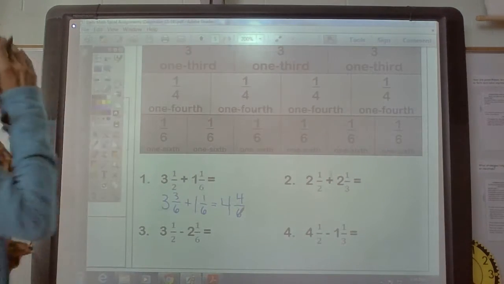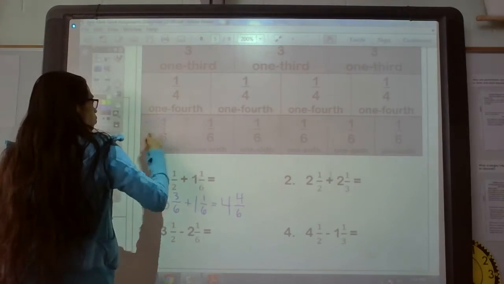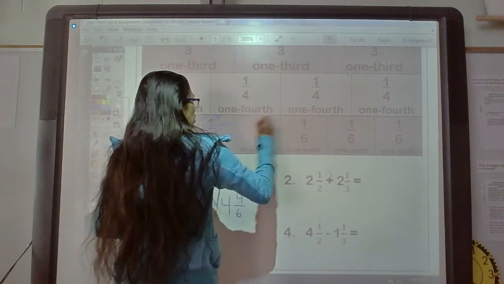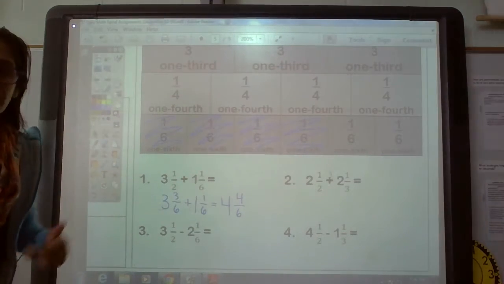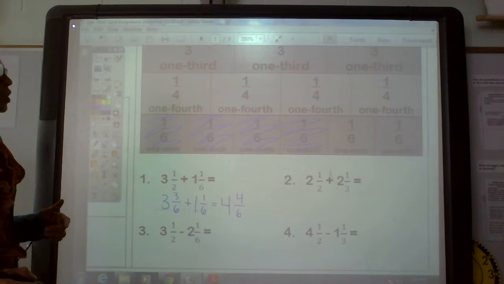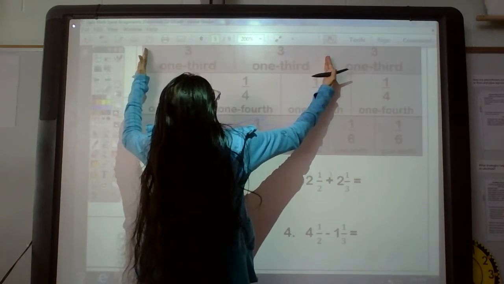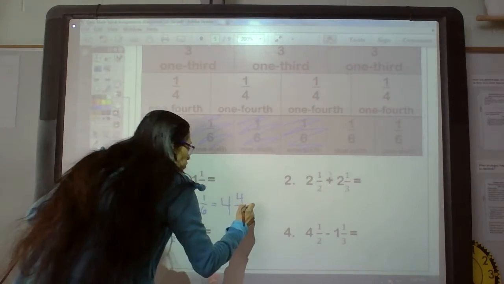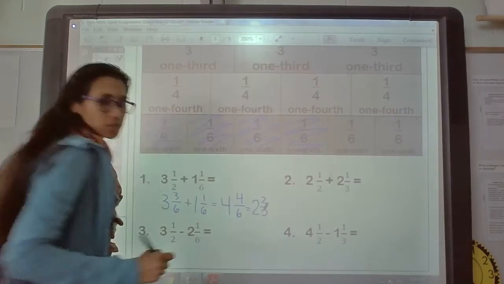Now, if you look right here at our fraction pieces, I have 1, 2, 3, 4/6. Do you see that? What is that the same as? OMG, look. Bam, bam, bam, bam, bam. What? 2/3. So 4 and 4/6 is the same thing as 4 and 2/3.